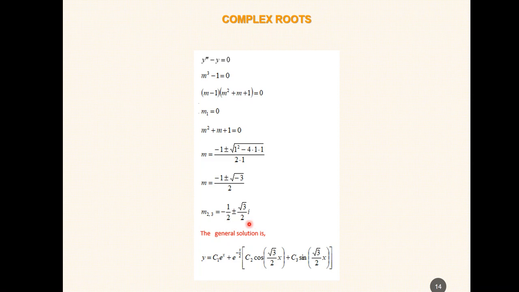And we need to account as well for the complex root. So its real part will be an exponential function raised to negative x over 2, x being multiplied to negative 1/2.